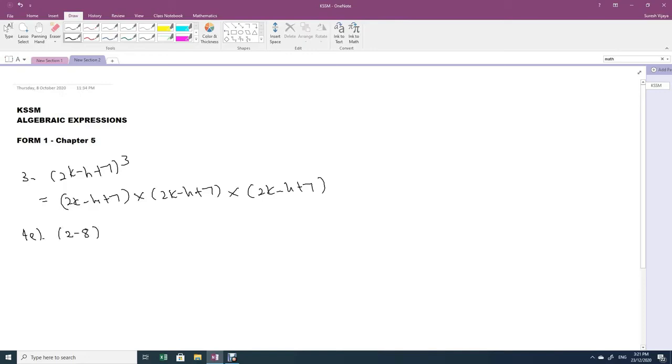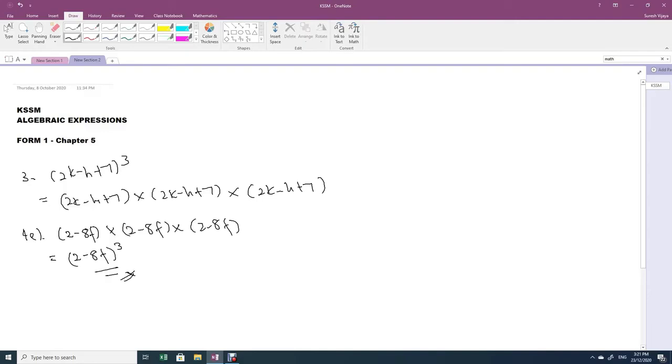They ask you to simplify each of the following. So how do you simplify this? You write it as 2 minus 8f to the power of 3. Okay, that is for question 4.